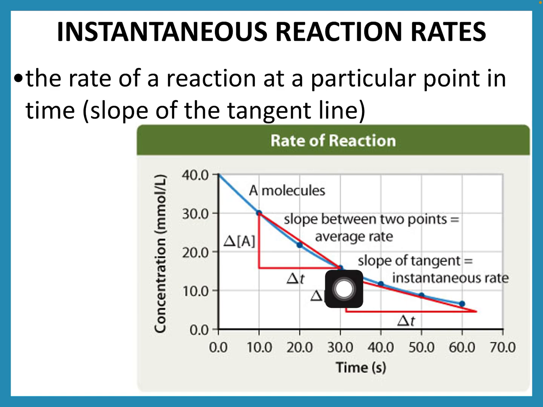And as we move out from the curve, we should see an equal distance between the curve and our tangent line on both sides. Then once we have our tangent line drawn in, we can calculate the slope of that, and that will give us the rate at one particular instant. So an instantaneous rate of reaction is looking at how fast a reaction is occurring at one particular point.